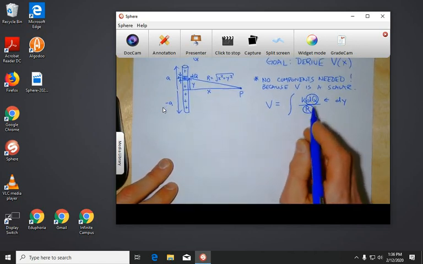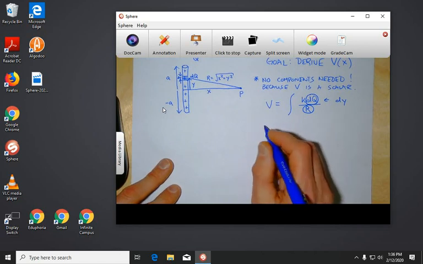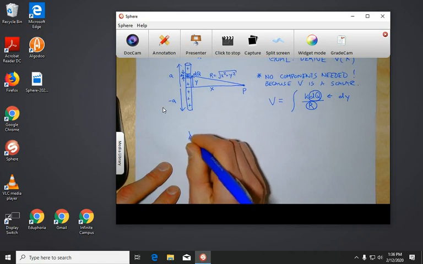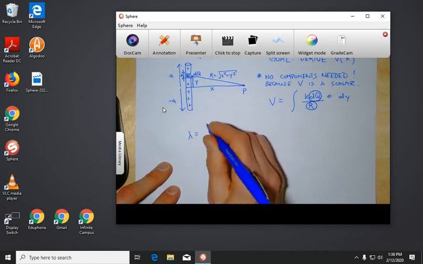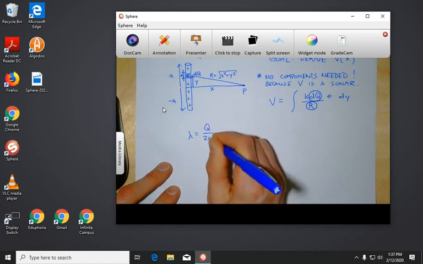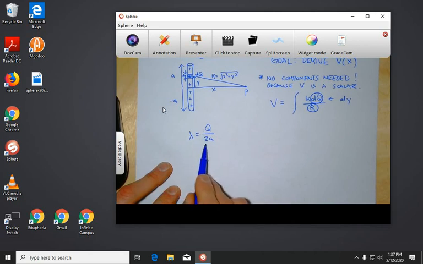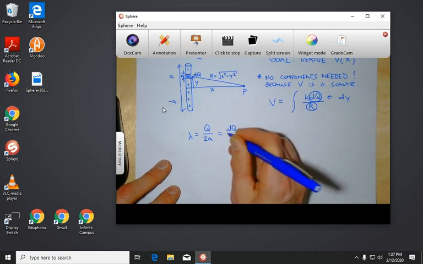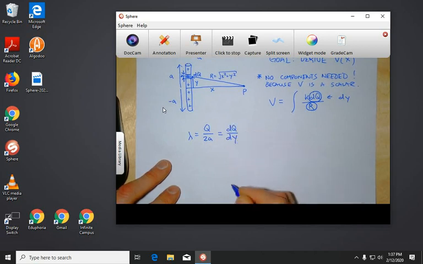So to take care of that, I'm going to remind myself, I'll do this over here, that the charge density of this whole segment is the total charge over the total length, coulombs per meter. So Q over 2a, because 2a is the whole length. But if this rod is uniform, that must be equal to the charge density in a very small piece.